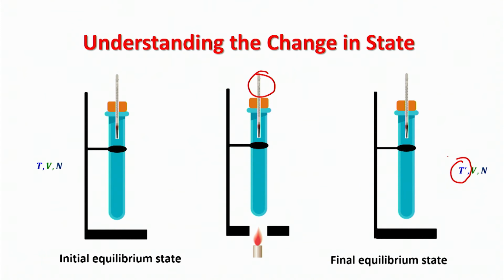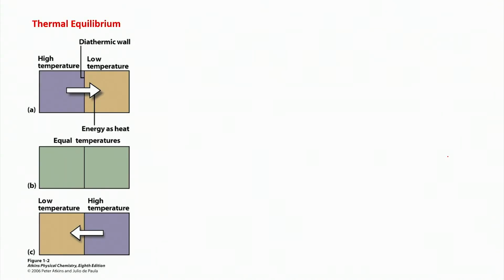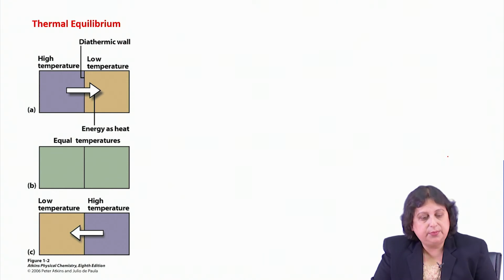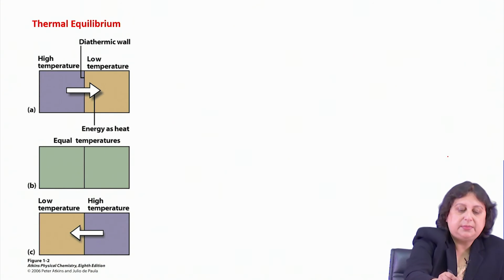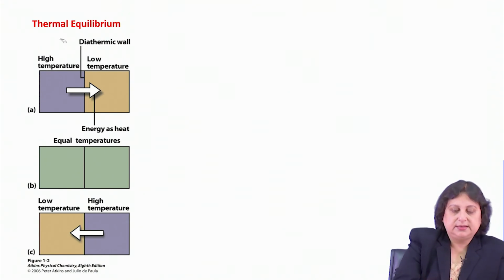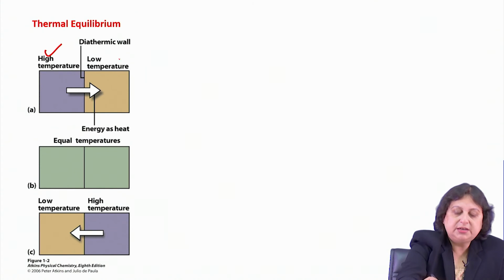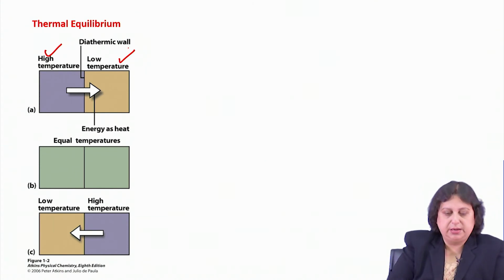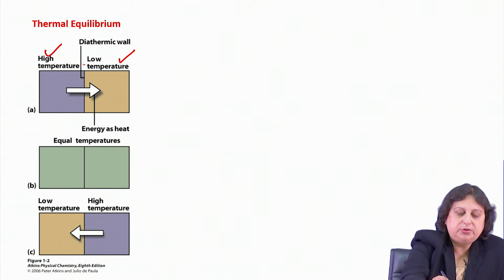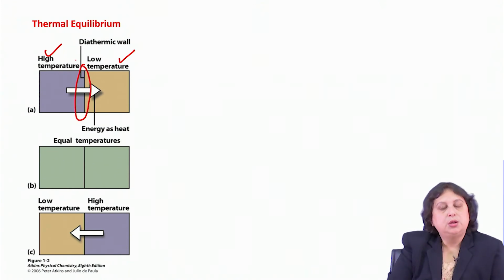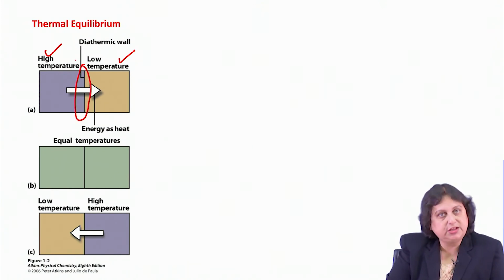And there can be different ways in which this change of states can be carried out, leading to different types of equilibrium states. The first one is a well-known thermal equilibrium, which is established when you take one system at high temperature and you put it in contact with another system at low temperature, and you separate the two by a diathermal wall so that they can exchange energy with each other.